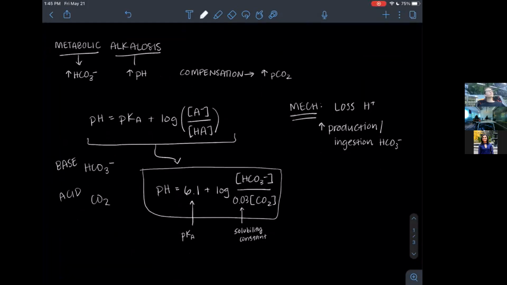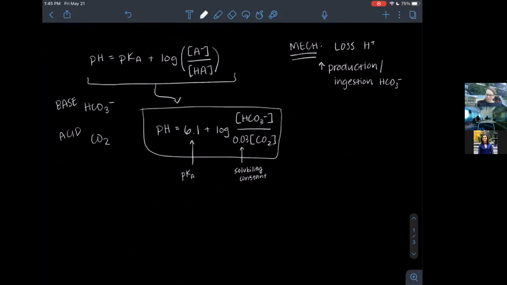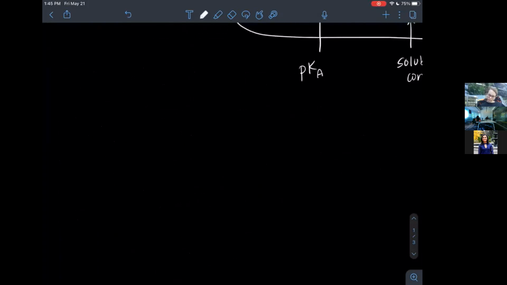That's your main mechanism here. So I'm going to split it up into two different types of metabolic alkalosis. You're going to have a chloride responsive one.